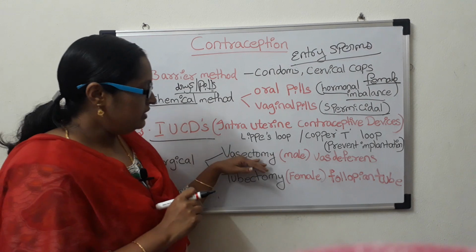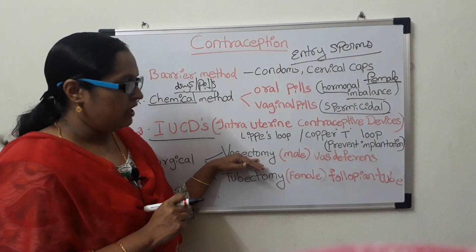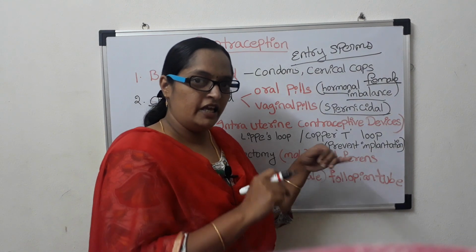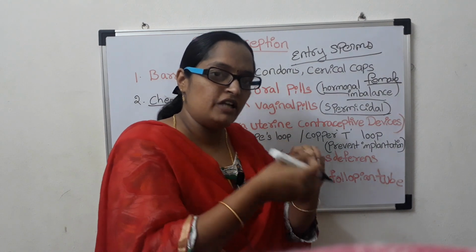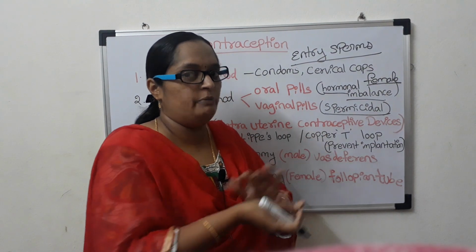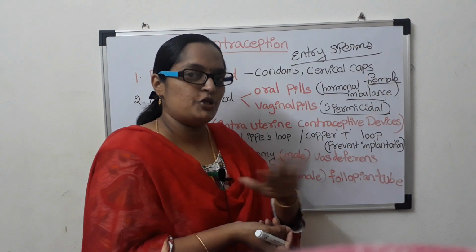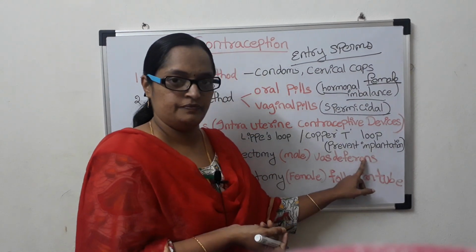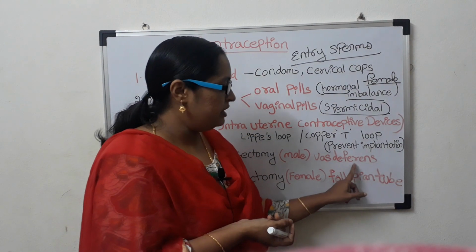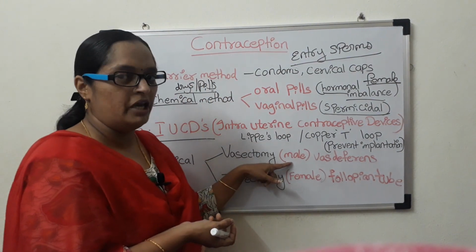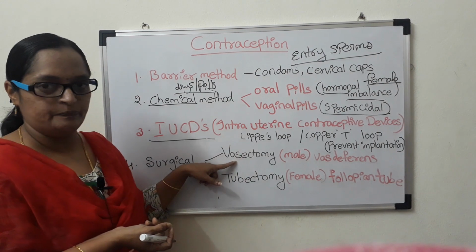In this type of surgery, a cut is made in the vasa deferens and then the edges are tied together. Then a block is formed there, so it stops the passage of sperms in the vasa deferens. The surgery done in males is called vasectomy.